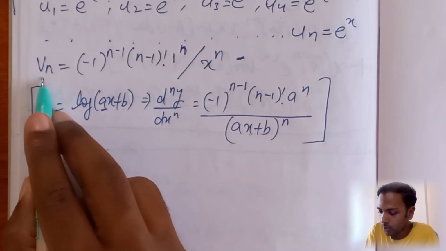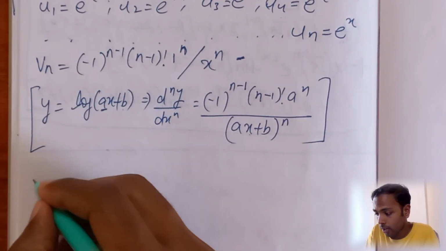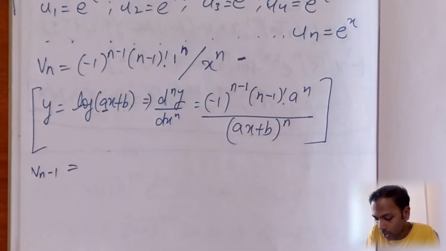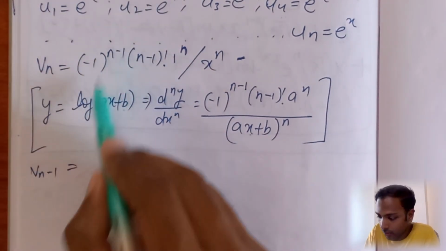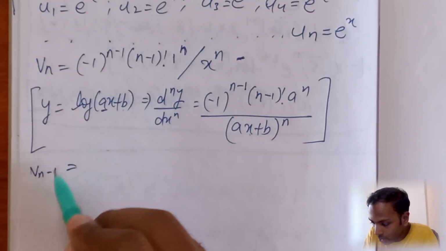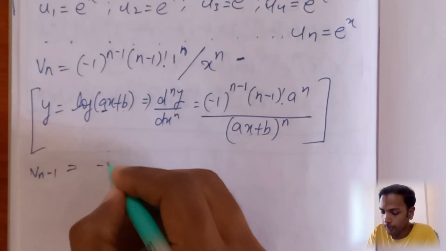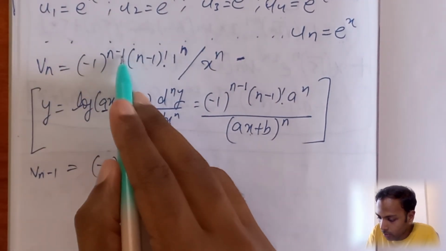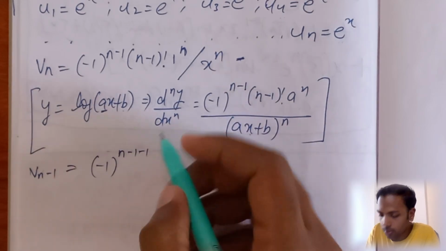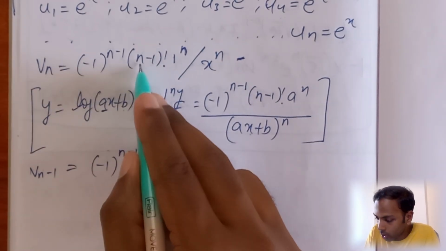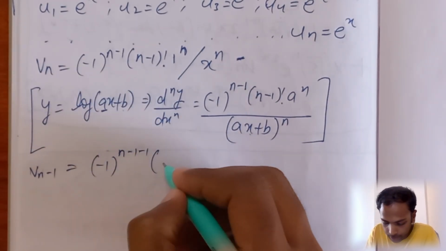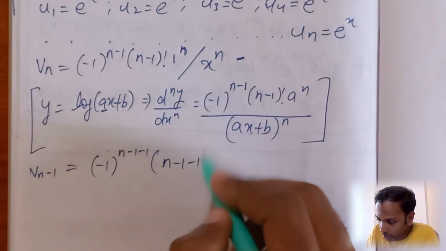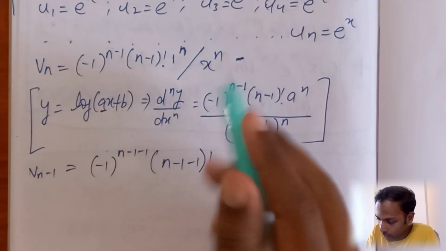And once we have Vn, it's very easy to find Vn−1. Wherever there is n, in the place of n, put n−1. So the power of minus 1 becomes n−1, and the other minus 1 stays as it is, factorial.